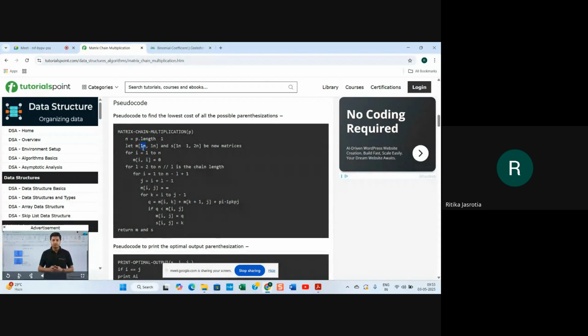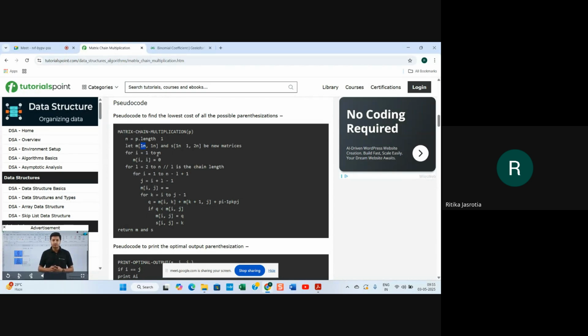So it will be m[i, j] and s[i, k], and m[i, k] and s[k+1, j]. This is what you will be keeping, the new matrices.